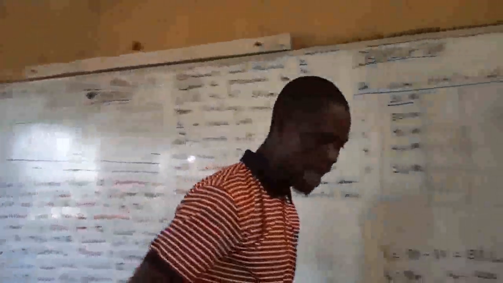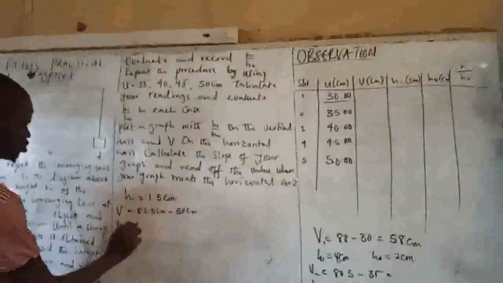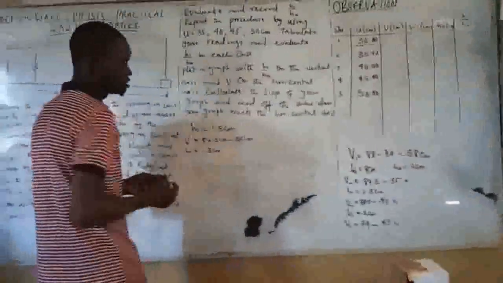The height of the image formed is given to us as 1.3 centimeter. The height of the image, HI, equals 1.3 centimeter.